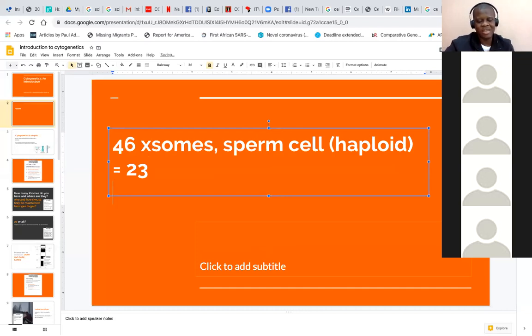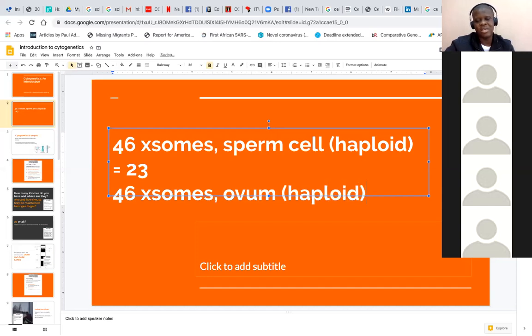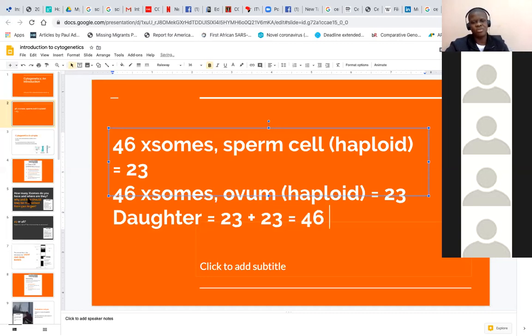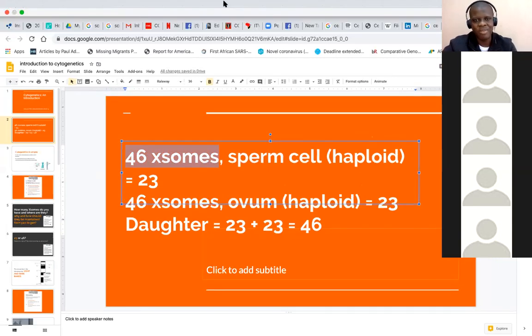And if a similar thing happens to your mom, the 46 chromosomes for the ovum will also be halved to 23, which means the daughter cell would have 23 plus 23, which is 46 chromosomes, the same number the parents have.